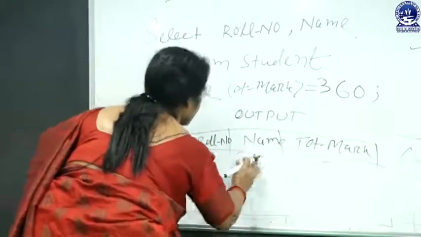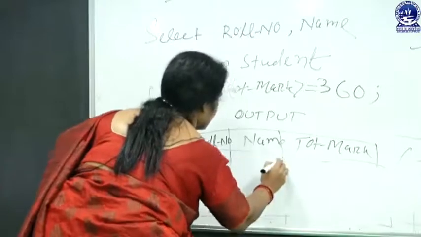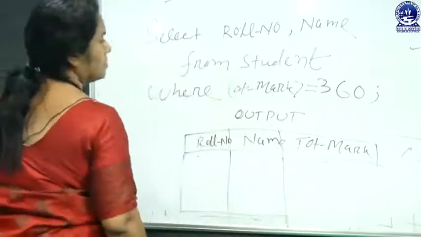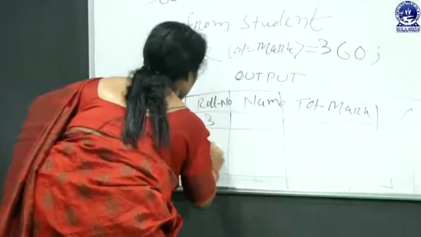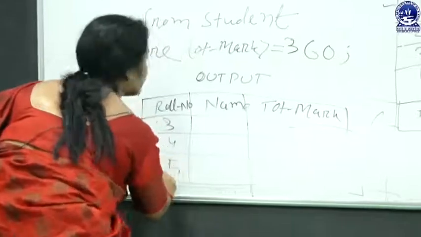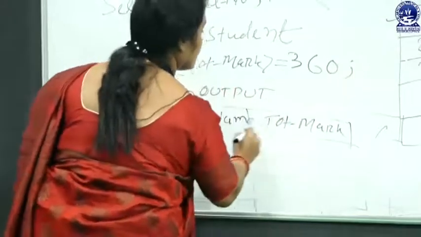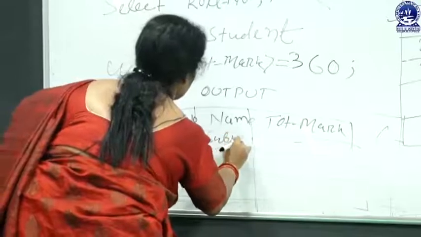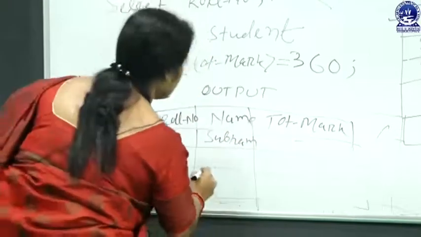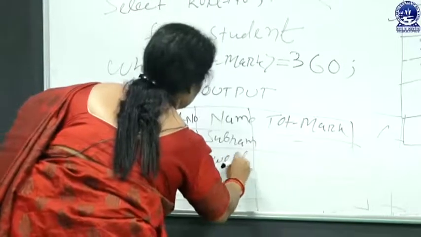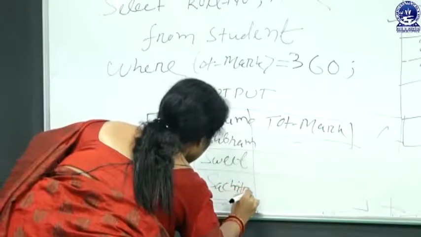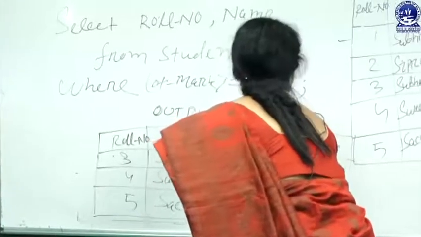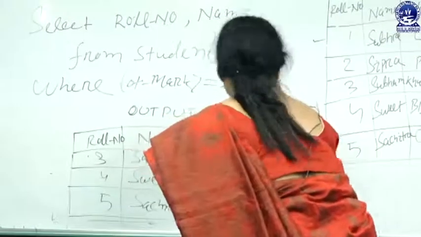It displays only roll numbers 3, 4, 5, Shubham, Sweety, Sachitra, and total marks 360, 400 and 450.